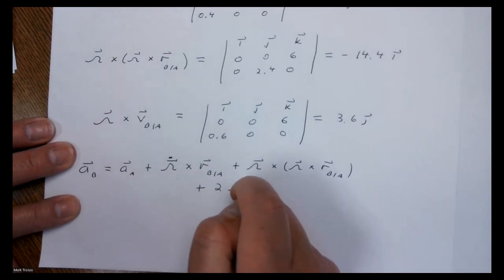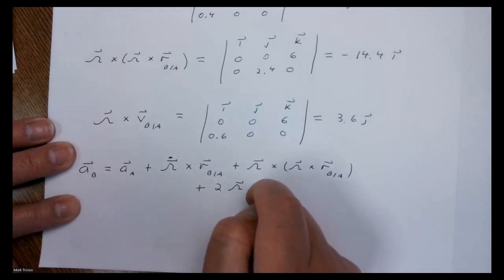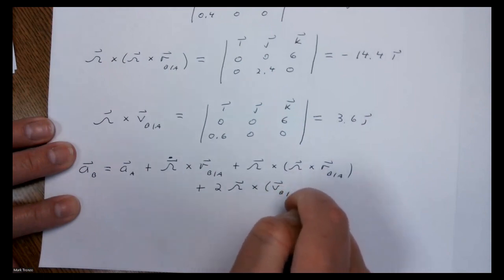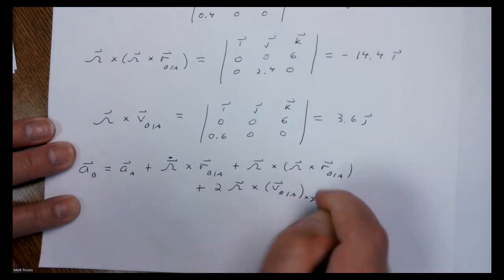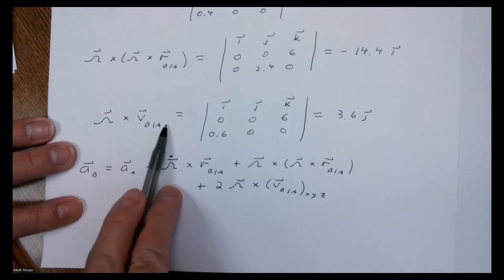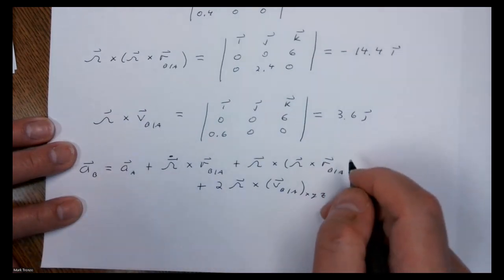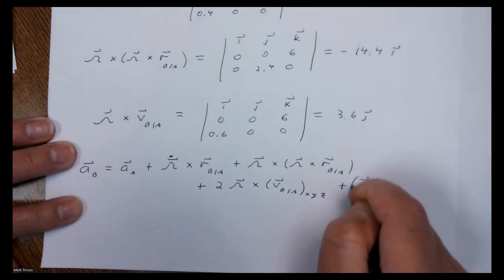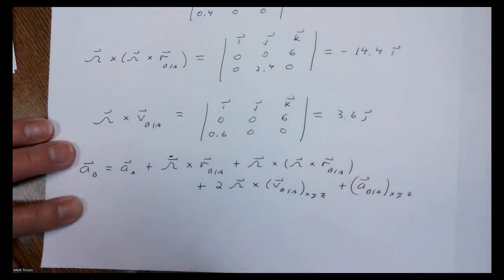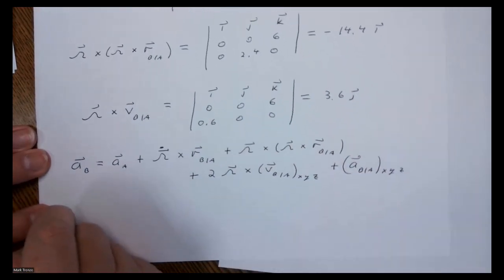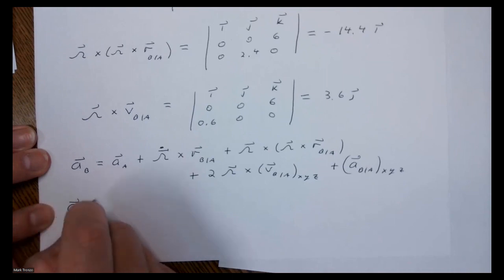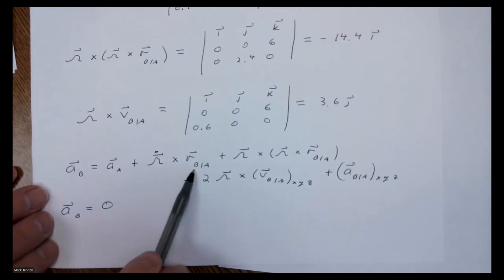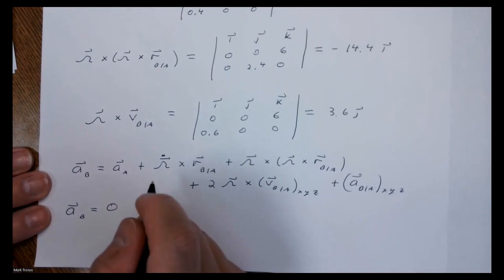So all we have to do is substitute stuff. Actually, this quantity here is what we calculated here. I just left off the X, Y, Z. And then plus acceleration of A, X, Y, Z. And so AA is going to be 0. And this quantity right here was 1.2J.